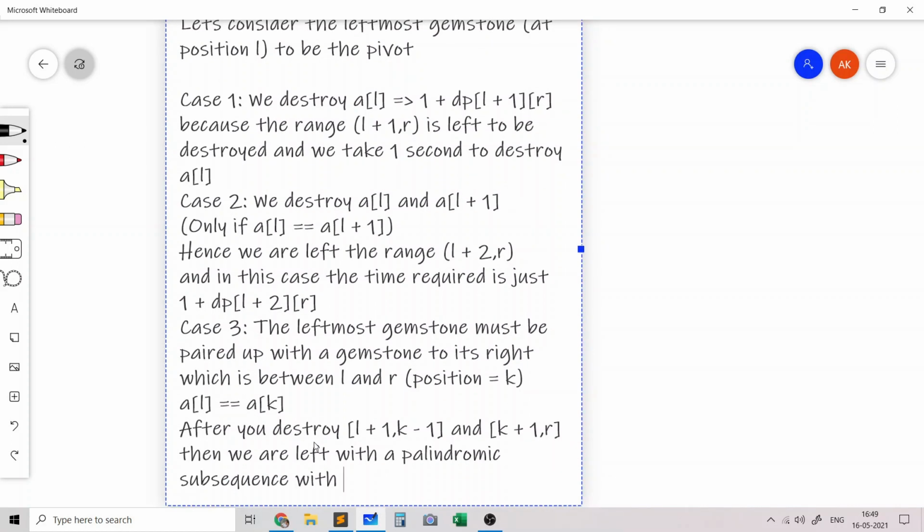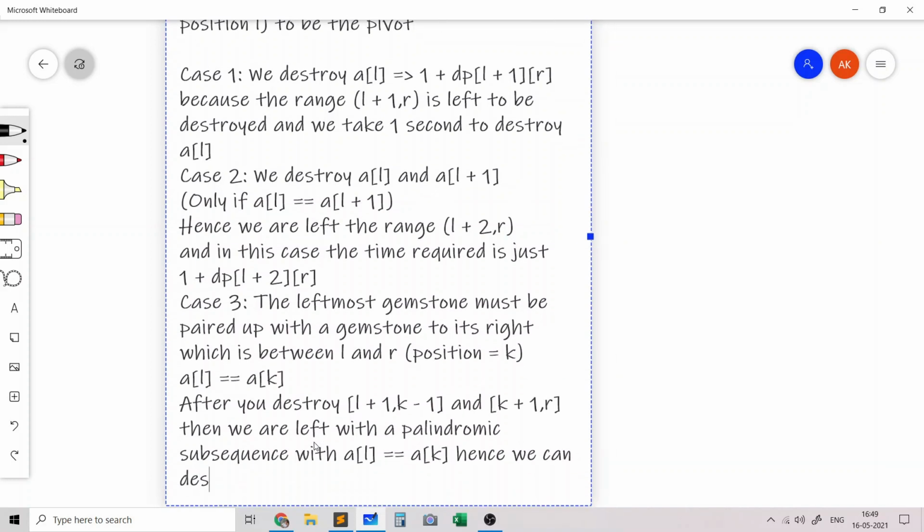with AL equal to AK, and hence we can destroy AL and AK along with L plus 1 to K minus 1.